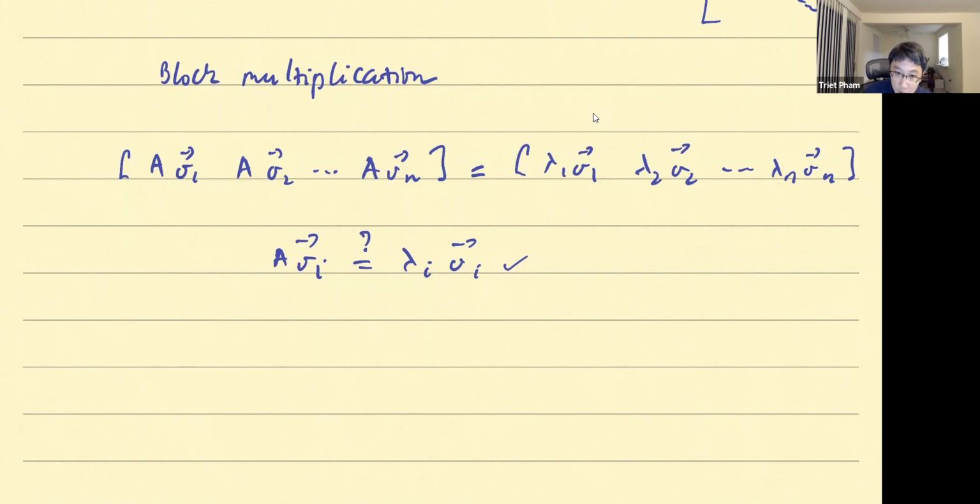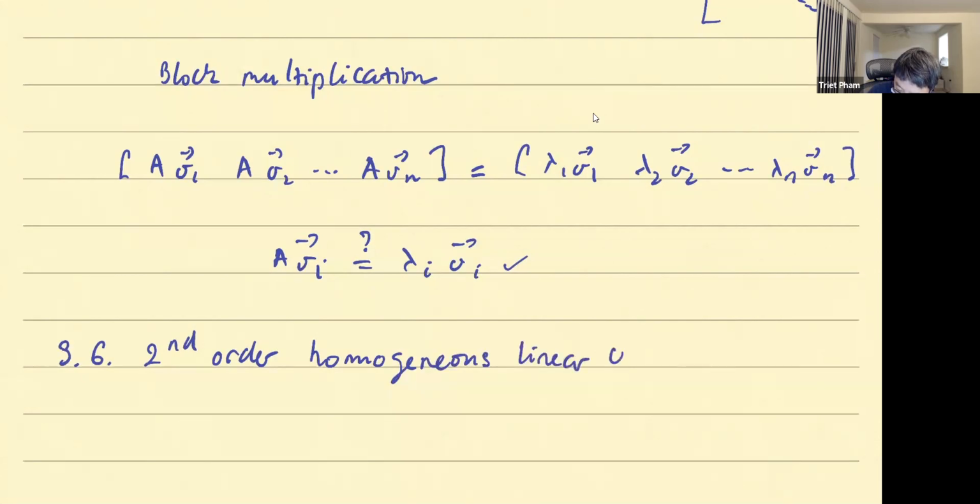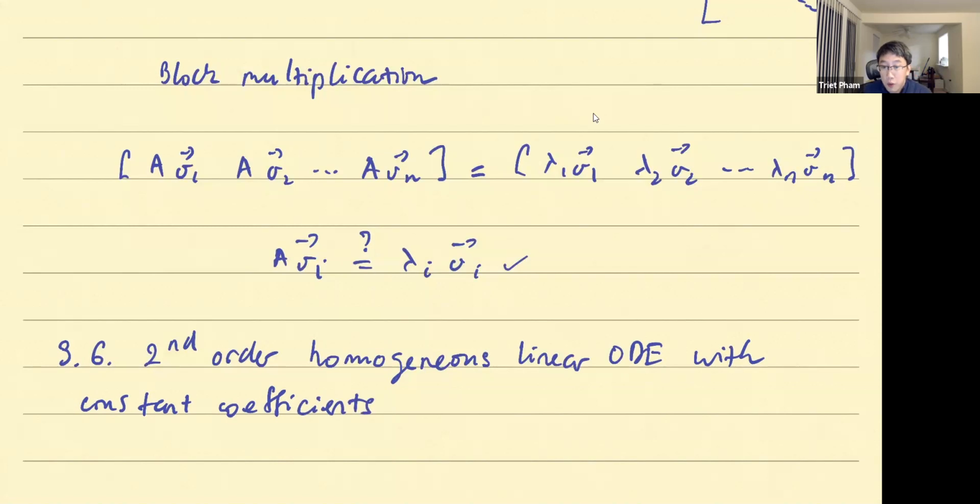All right, so the next topic I want to talk about is 3.6, second order homogeneous linear ODE with constant coefficients, which basically talks about equations of this form.